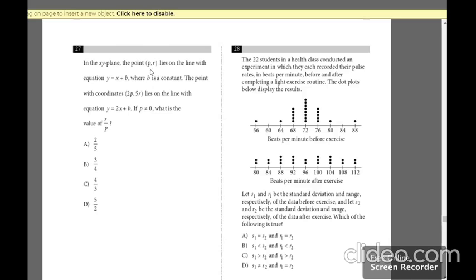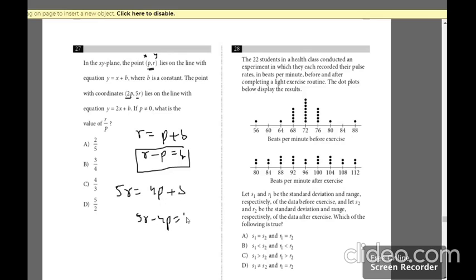Now if the point P comma R lies on the line, so this is going to be y and x, so we'll have R is equal to P plus B. If I write it in terms of B, it has to be like that, whereas 2P comma 5R means 5R is equal to 2 into 2P, that is 4P plus B, which is going to give me 5R minus 4P is equal to B. Now both equations I have changed in terms of B. Upon equating that, I'm going to get r minus p is equal to 5r minus 4p.